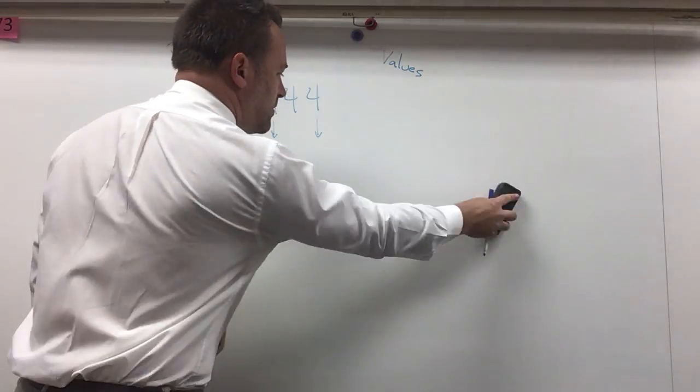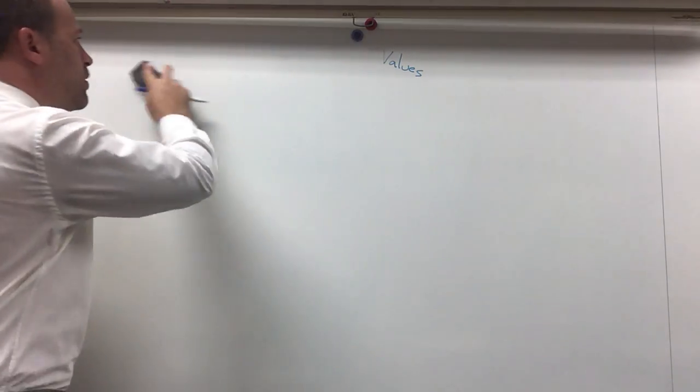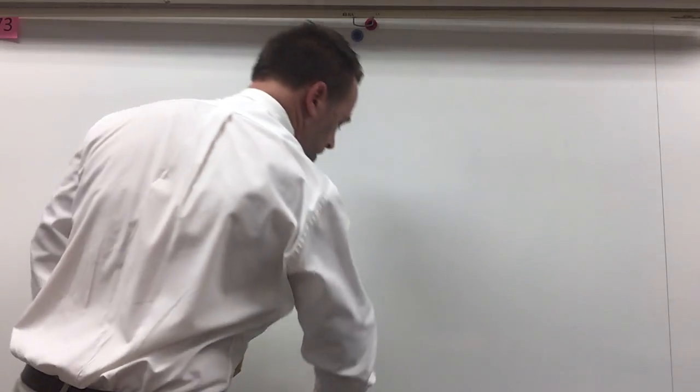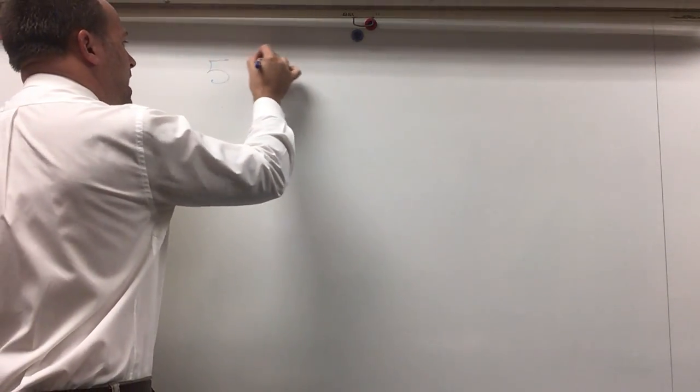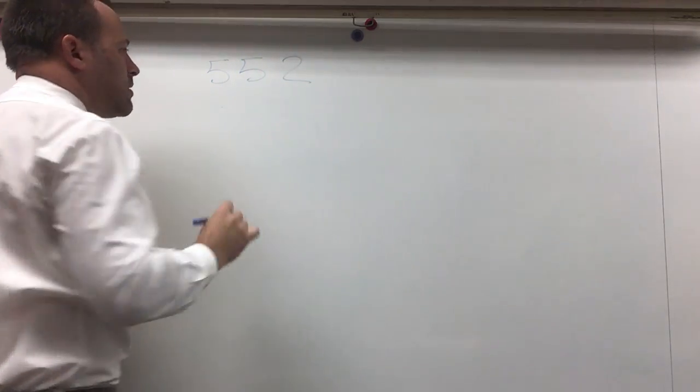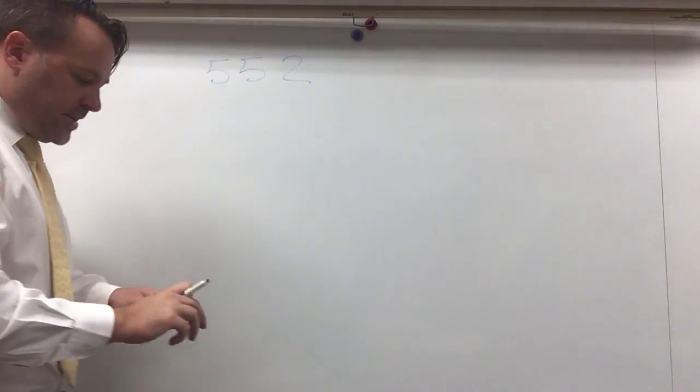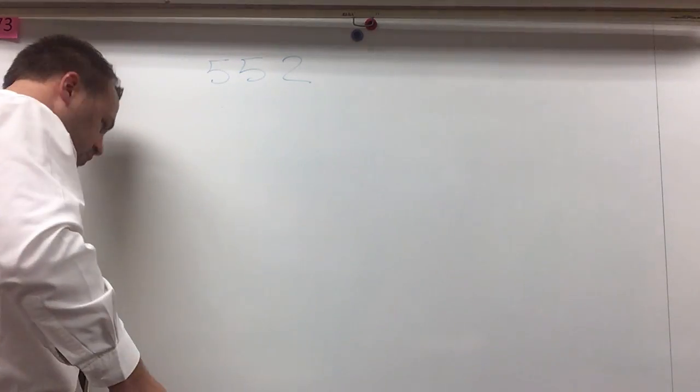So how many times does 80 go into 8,000? 100 times. So let me give you some numbers and we'll kind of compare the values in some of the places. All right, so say I have 552. Got 2 5s, right? Can you see that? I'll switch up my markers.